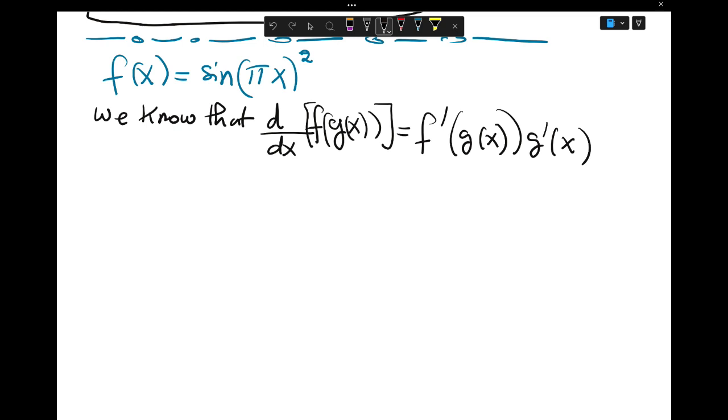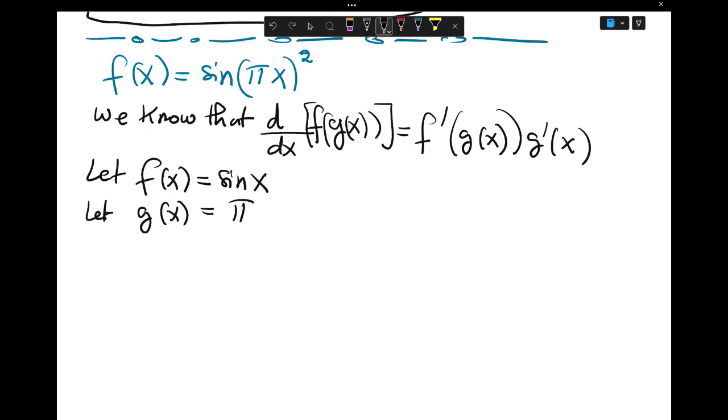So over here, we're going to say let f of x be equal to sine of x, and then let g of x be equal to pi times x square. So this is the same as pi square x square.